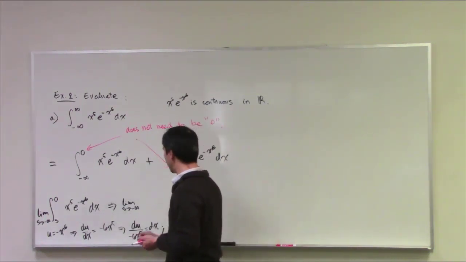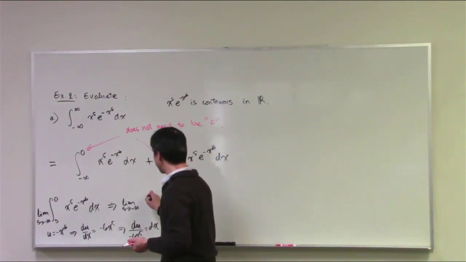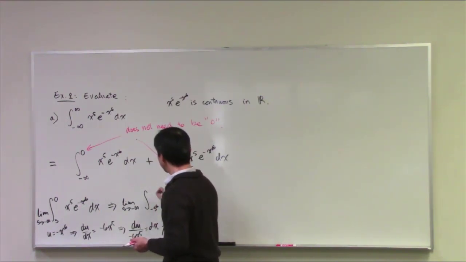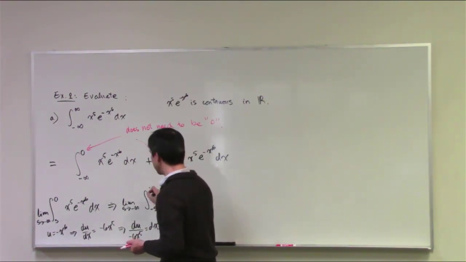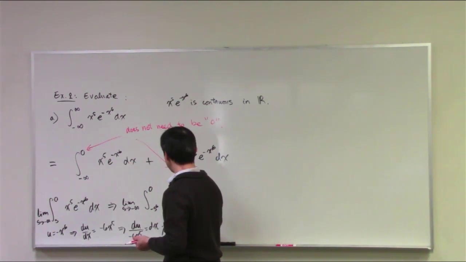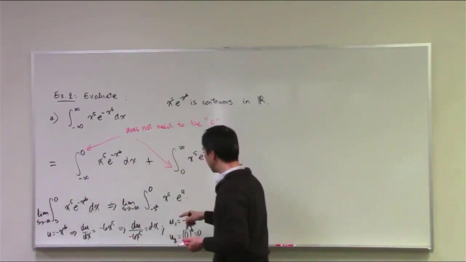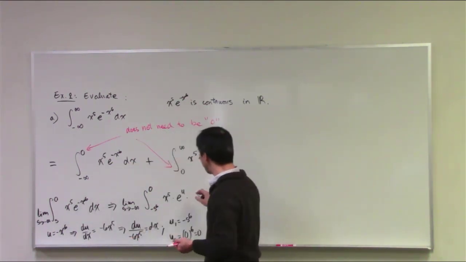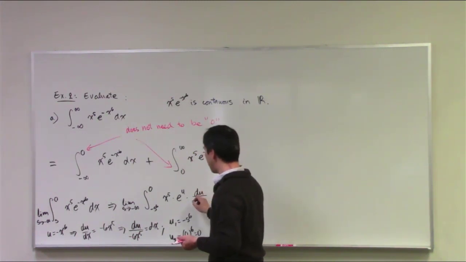So your integral becomes the integral from minus s to the 6th to 0, and the function is x to the 5th times e to the u, with dx substituted by du over minus 6x to the 5th.